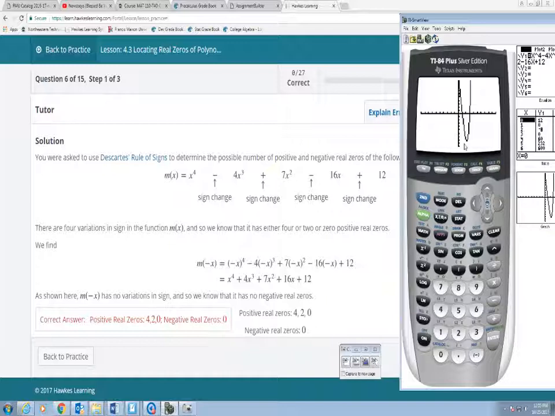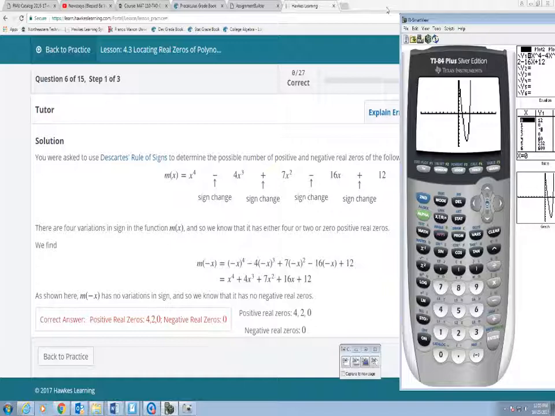Okay, so in this particular case, we have 2 positive real zeros because we already found out I don't have any negative real zero. Now, in other lecture videos for 4.3, I'm going to show you how the square root of sine and other theorems can really help us along the way finding the zeros.